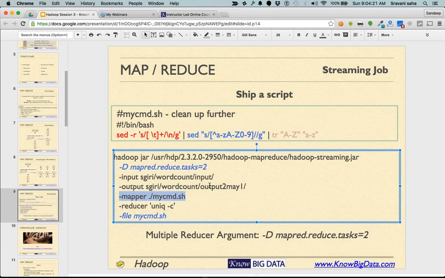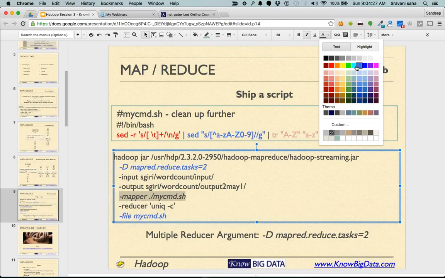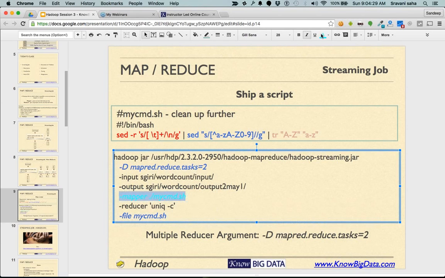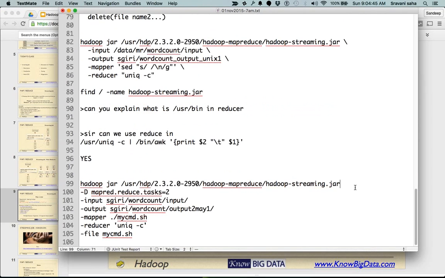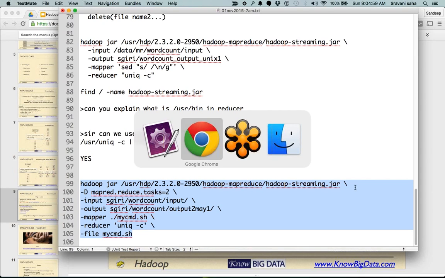My mapper is different this time. Now here we are providing the name of the command instead of the sed or anything else. Okay, so we can run this. Now here we can put slash so that we don't have to put everything in a single line.